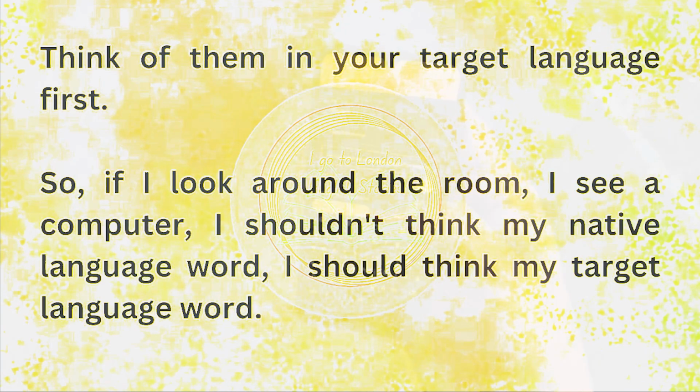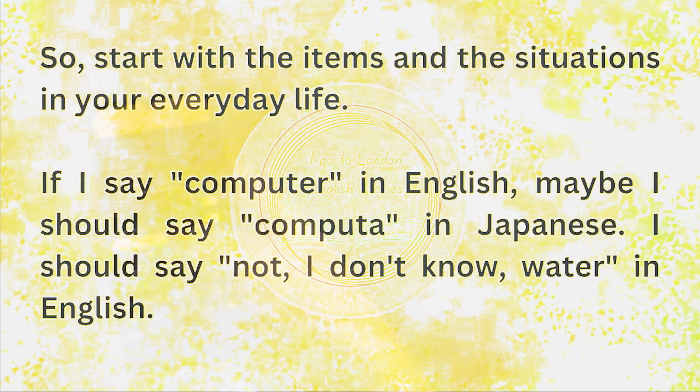So if I look around the room, I see a computer. I shouldn't think my native language word. I should think my target language word. So, start with the items and the situations in your everyday life. If I say computer in English, maybe I should say computer in Japanese.